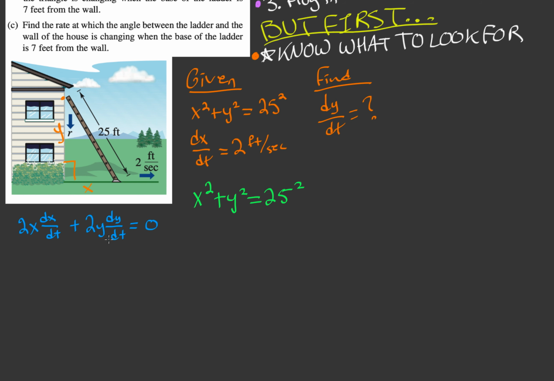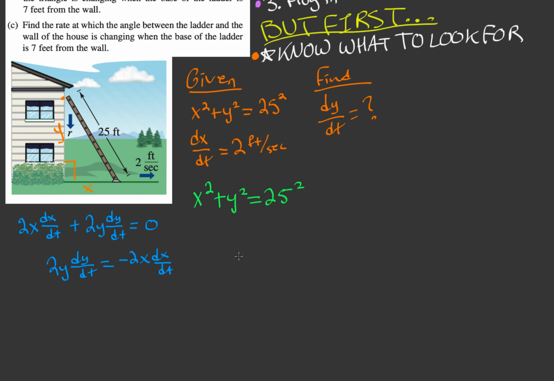So we want to isolate dy/dt. We want to get dy/dt by itself so we can solve for it. So let's move this over here, and we get 2y dy/dt is equal to negative 2x dx/dt. Now let's divide by 2y on both sides in order to get dy/dt by itself.